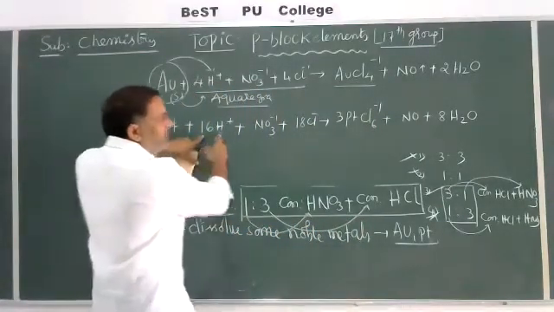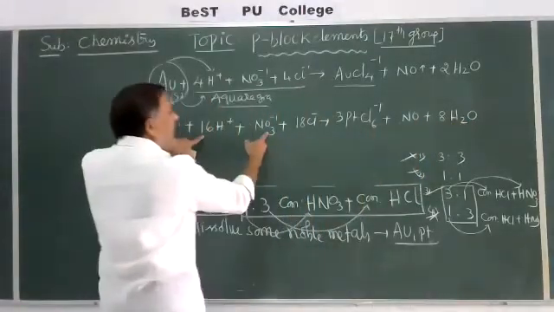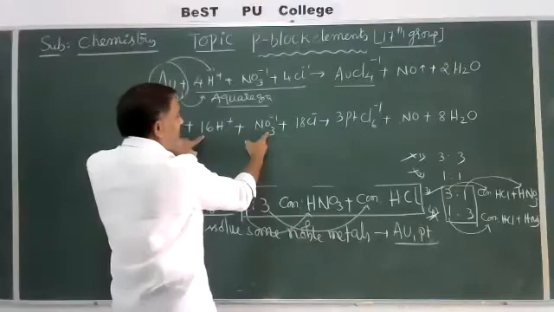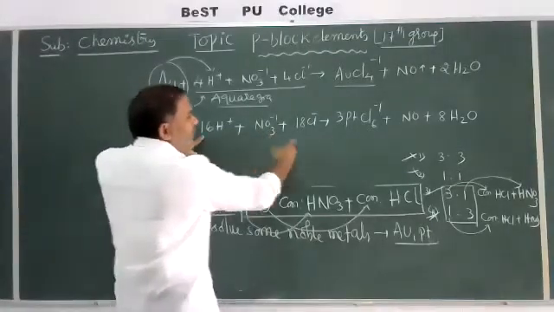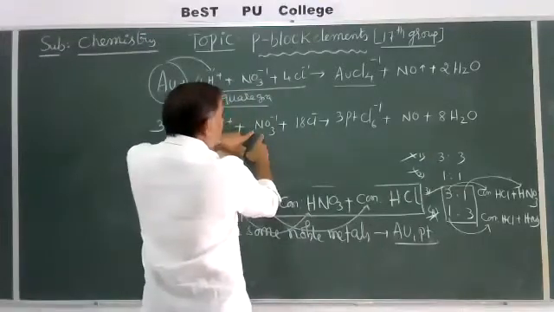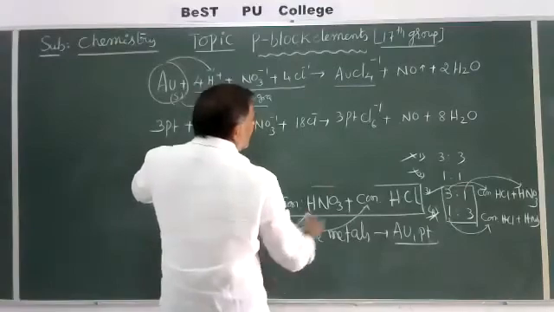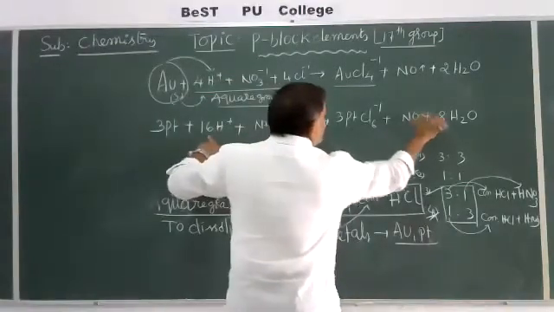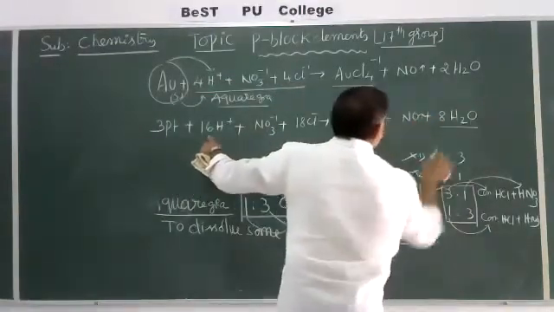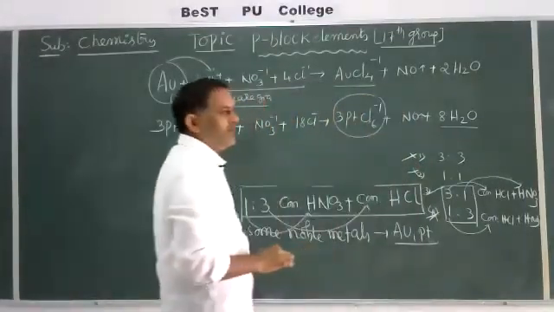Now for the oxygen atoms, we need 9 in total, and the nitrogen atoms correspond, 16 here. Now platinum hexachloride is formed.